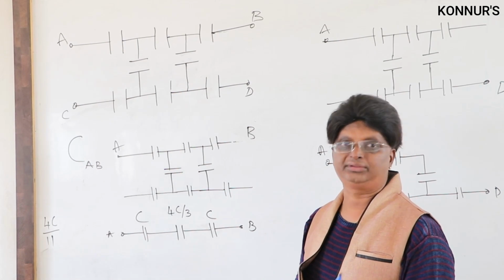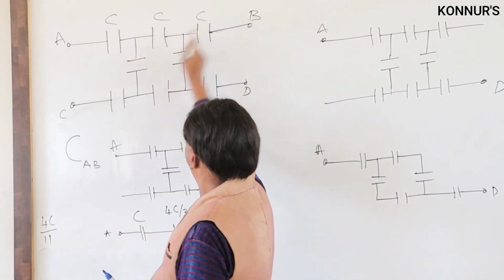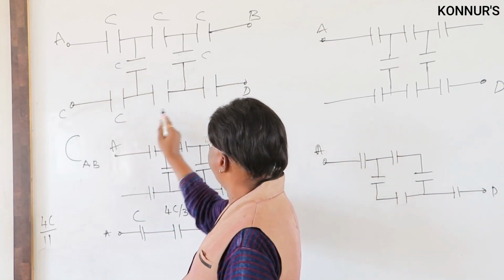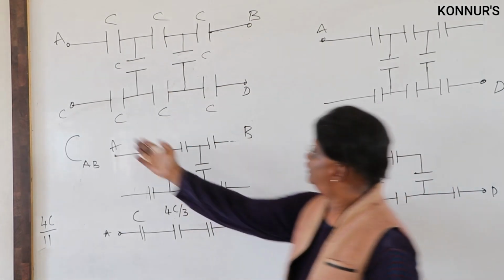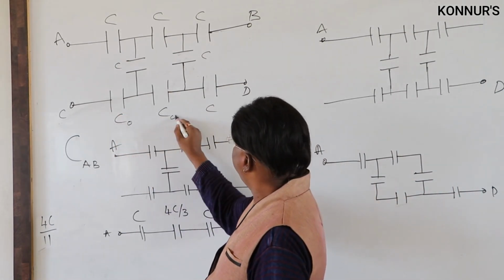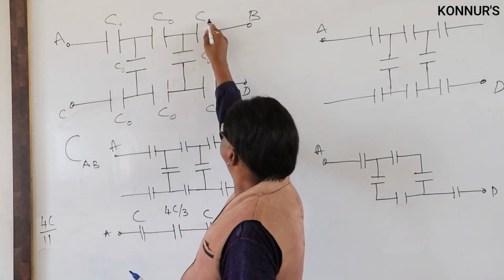Each of capacity C is the data. So this is the arrangement. All 8 capacitors identical. Capacity of each of them is C. Supposing we have already used the word C naught, the symbol can differ, right?